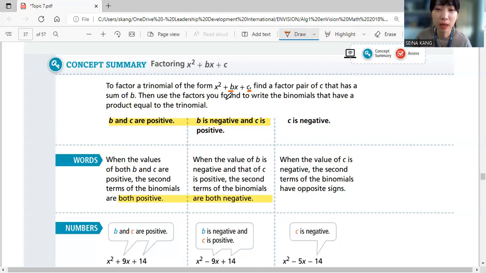Why do we not care what B is when C is negative? Because when C is negative, they will always have opposite signs, and your B might be positive or negative depending on what number is the greater one, okay? So yeah, when C is negative, it doesn't matter what B is, the second terms will always have opposite signs.